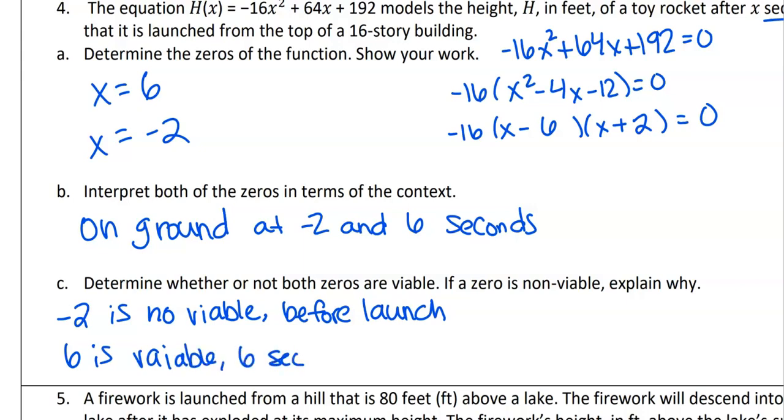That is 6 seconds after launch. If I drew a picture, here we are in the building, here's the rocket, that would be my x of 6. It wouldn't make sense to go backwards in time with negative 2. Can't do it.